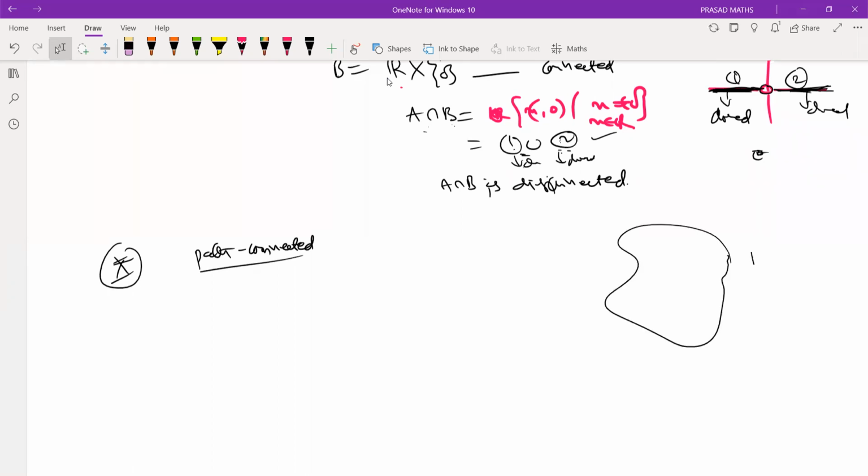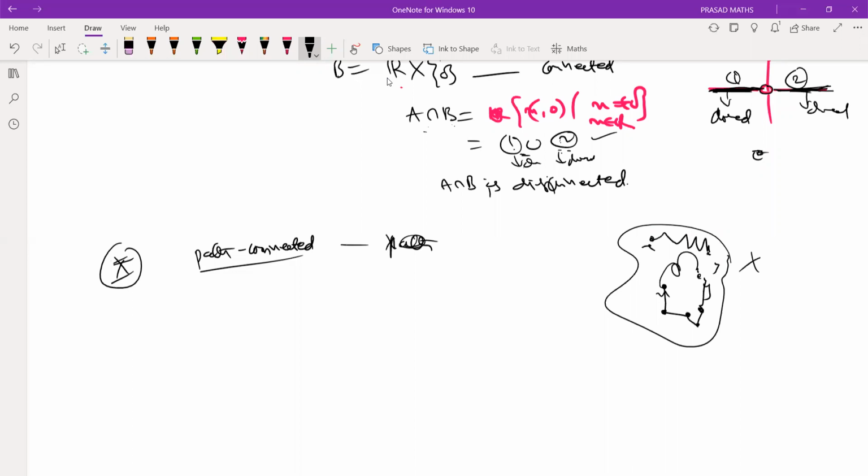You take any 2 points in a topological space, they can be joined by a continuous path. Any 2 points you give me, they can be joined by a polygonal line that is entirely in X, then that is path connected.